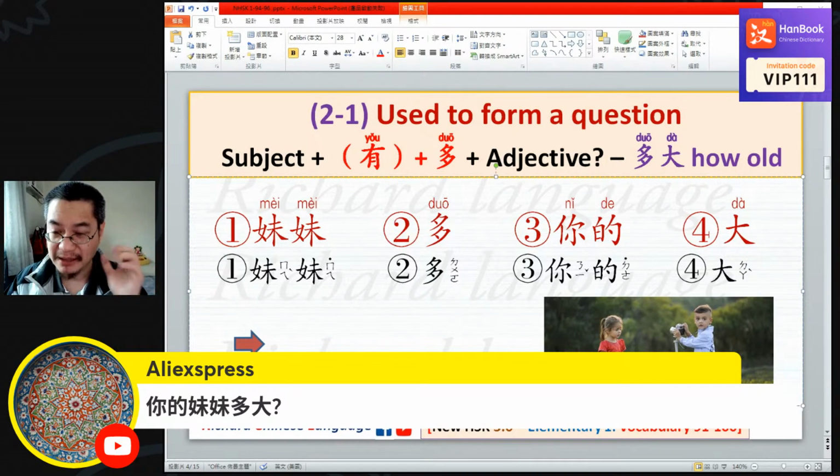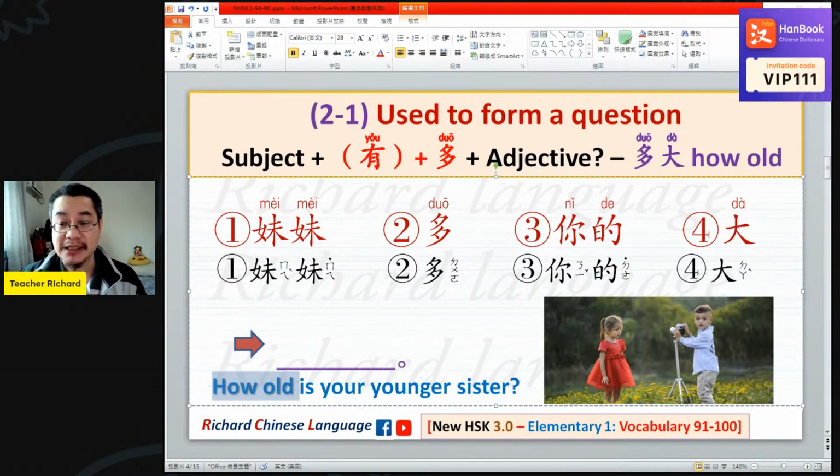Okay, so it is a very simple way to ask the age, to ask someone's age.